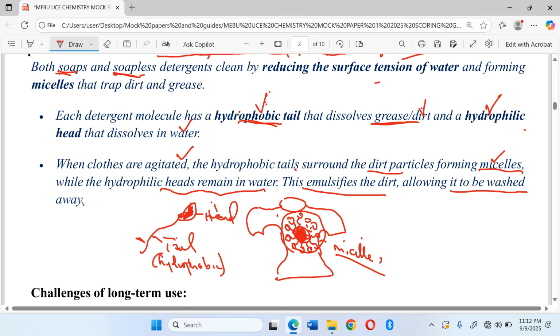When the tails attach to the dirt, it becomes weak, and when you keep scrubbing, the dirt can easily be removed. Of course, when it is washed away, we remain with our cloth, which is very clean. So that is how our soap works. You can talk about the soap and also the soapless detergent; they all work in the same way. Hope that one is clear.